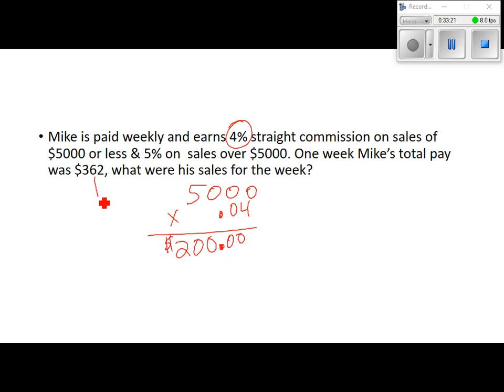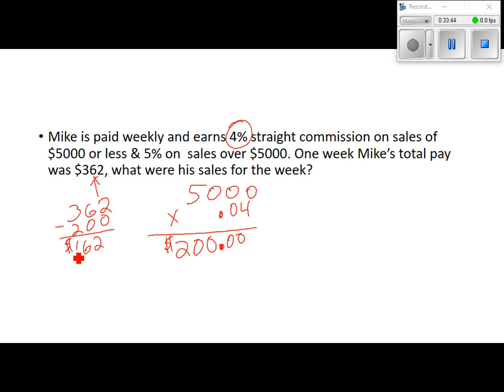Did he make more than that? Yeah. How much more than that did he make? $162. So we just subtract those two, right? So somewhere he got an extra $162. That's on what he sold over $5,000, right?